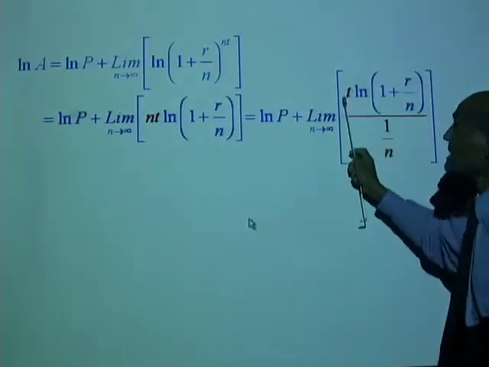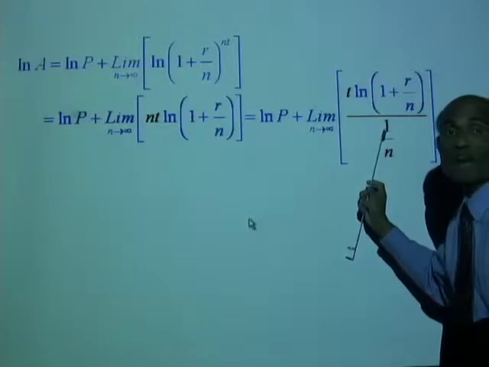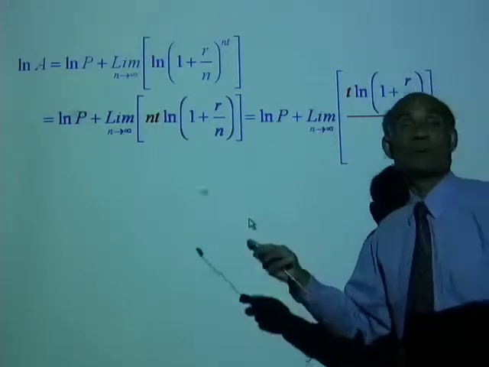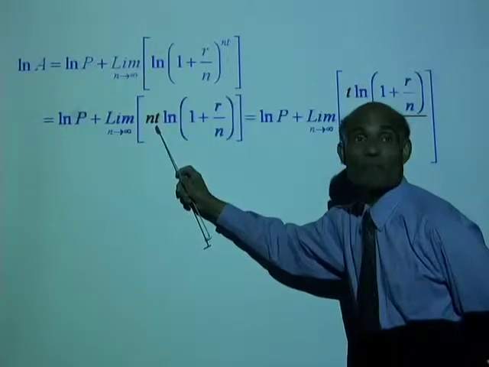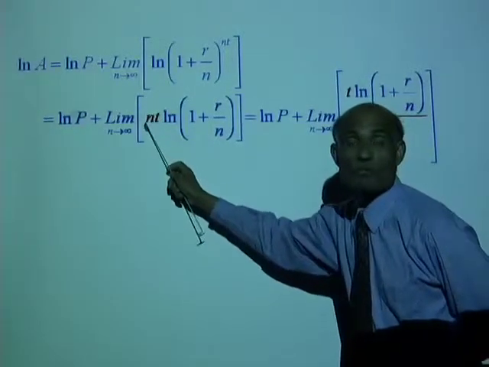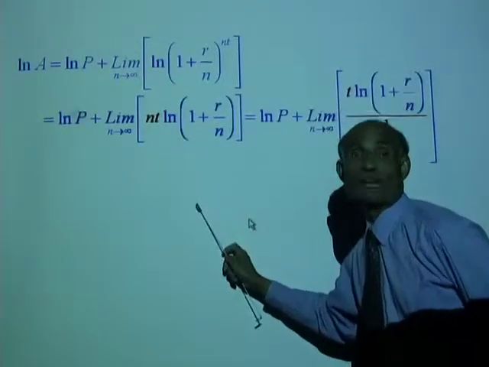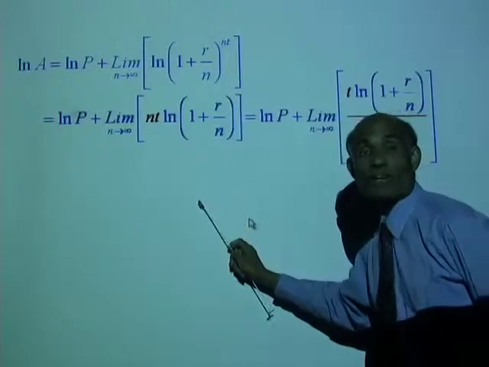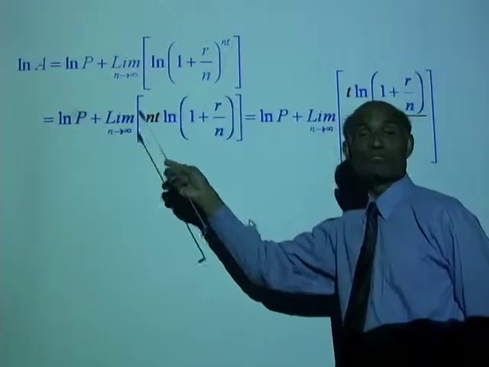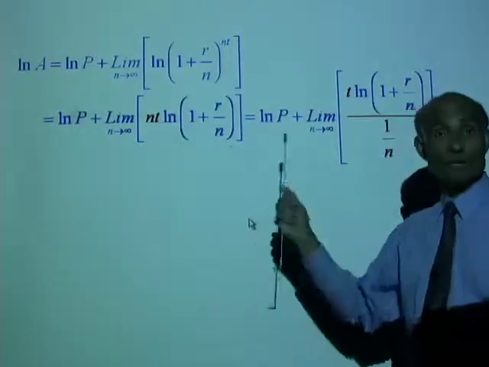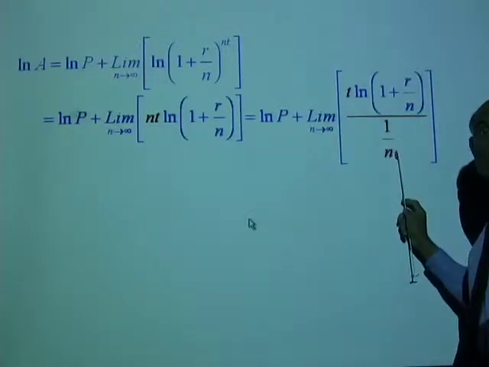So, instead of multiplying by n, I just divide by 1 over n. Does it make a difference? We have n times t here. That n from the numerator, I took and put in the denominator as 1 over n. Remember, a 1 over n in the denominator is the same as an n in the numerator. This is just a manipulation to bring it in the form f of x over g of x.